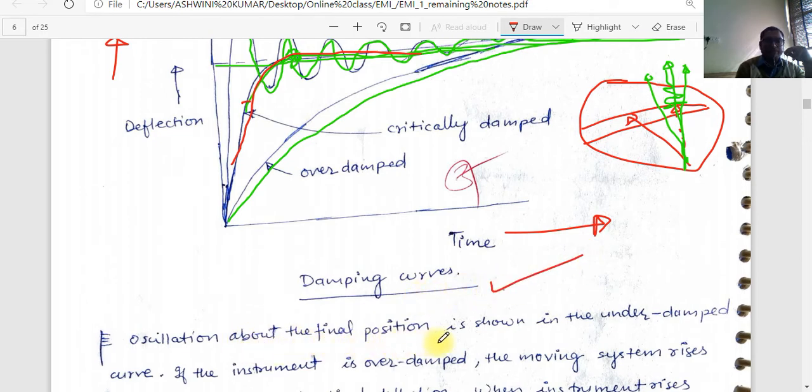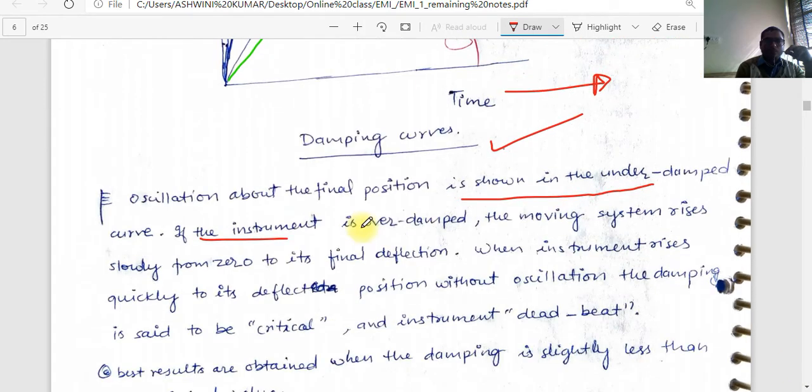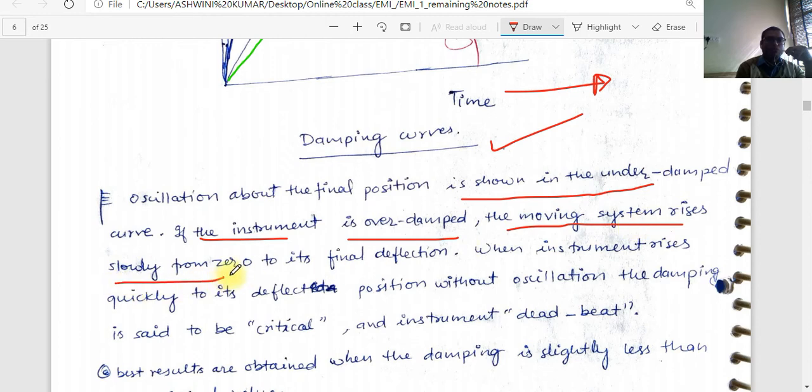This is for the damping curve. Oscillations about the final position are shown in the underdamped curve. If the instrument is overdamped, the moving system rises slowly from 0 to its final deflection.